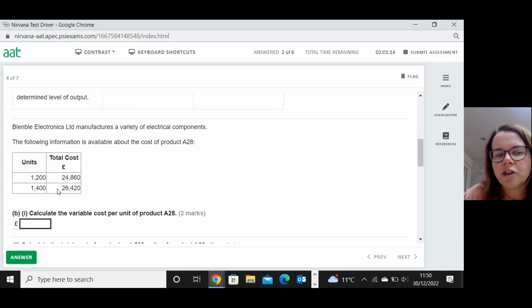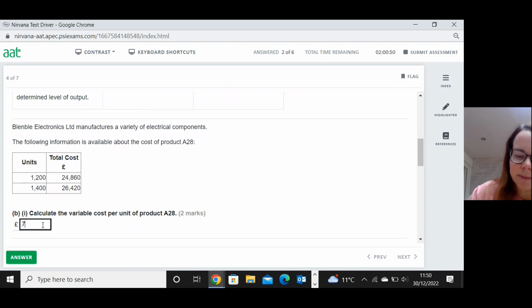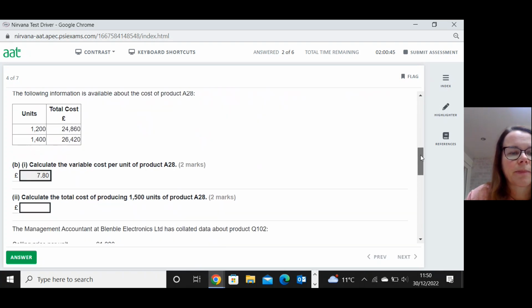So if an extra 200 units have cost an extra £1,560, then one extra unit must have cost £7.80 more. I just did that by dividing the 1,560 by the 200. So £7.80 will be my variable cost per unit.